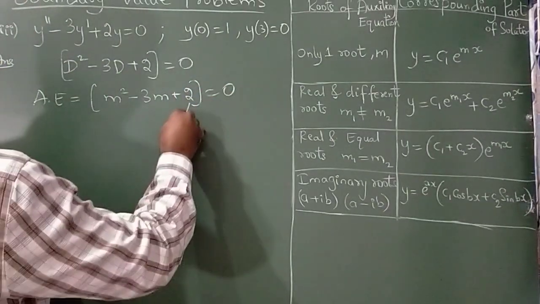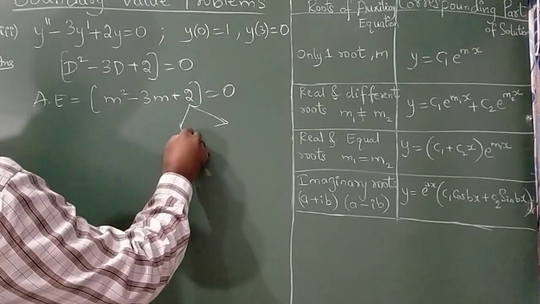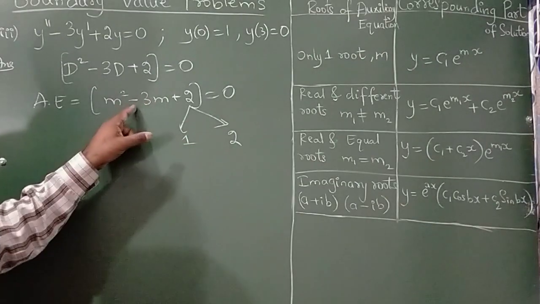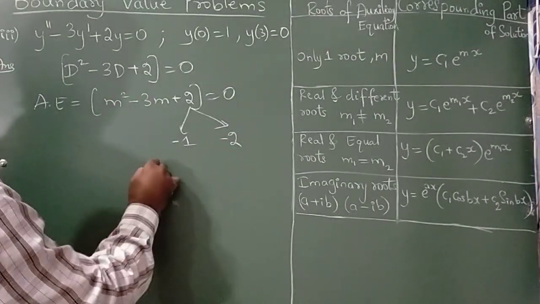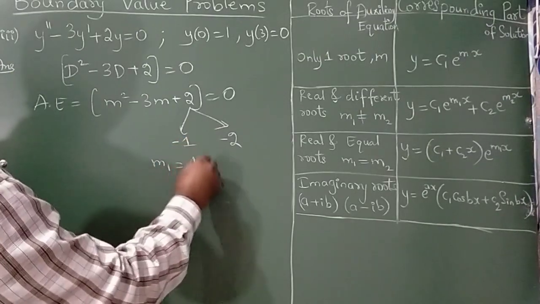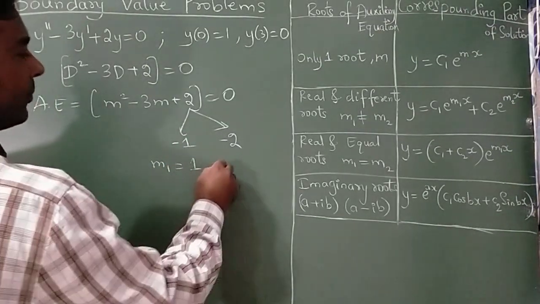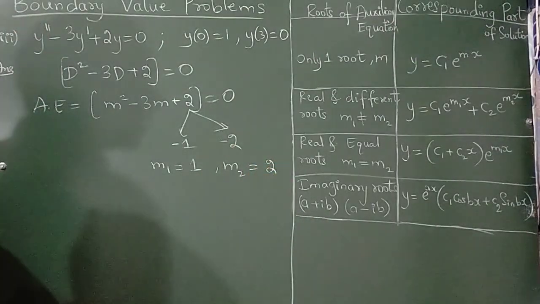Simple factorization is enough. 1 into 2 is 2. 1 plus 2 will become 3, but there is a minus 3 here. So I will write minus 1 and minus 2. So for m1, instead of minus 1, you should write the opposite, that is plus 1. m2, if it is minus 2, then write plus 2.